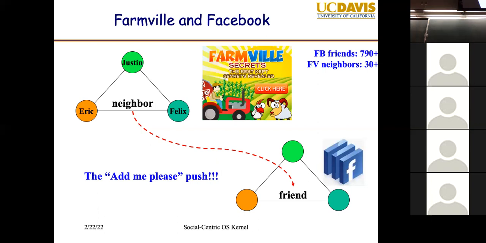Then when they joined Facebook, they joined the game, and we could play together. So both Zynga and Facebook were thinking about a win-win situation, to grow the ecosystem between both the social network and the game itself.